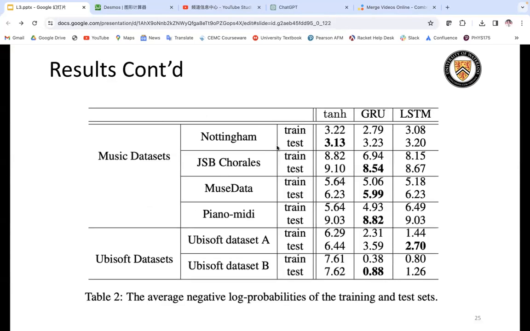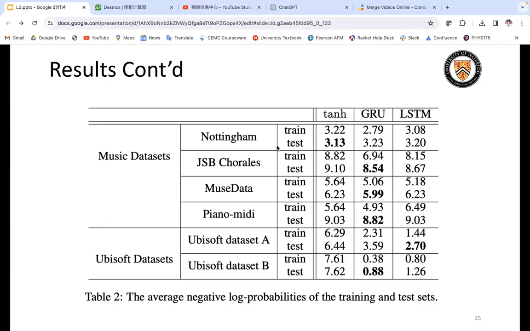For the music dataset, they have Nottingham, JSB chorales, MuseData, and piano MIDI. We have the average negative log probabilities of the training and test sets, which means the lower the number, the better.